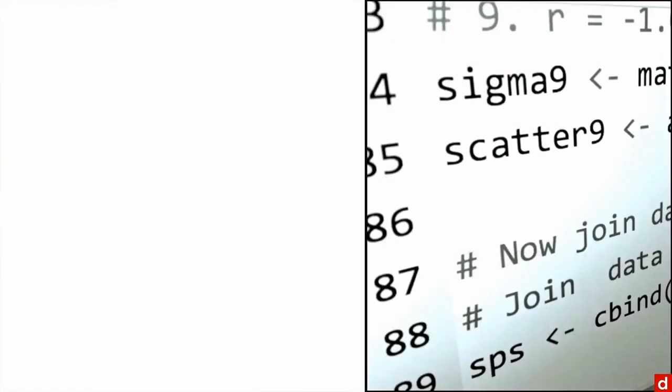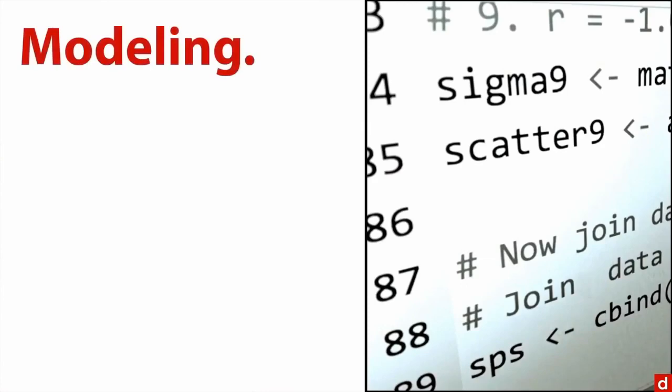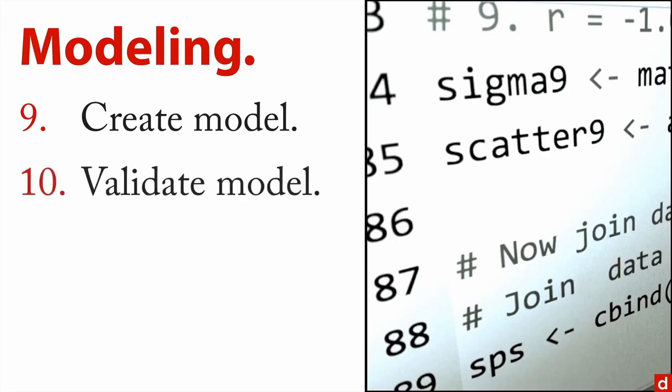The third group is modeling, or statistical modeling. This is where you actually create the statistical model. For instance, you might do a regression analysis or you might do a neural network. But whatever you do, once you create your model, you have to validate the model. You might do that with holdout validation. You might do it with a very small replication if you can.